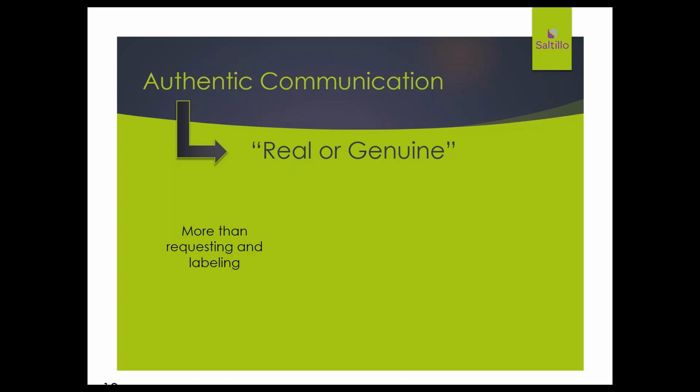The ability to order a pizza over a hamburger is important, but how does that compare to the ability to tell someone you love them? A lot of times when we're talking about real or genuine, it's spontaneous, it's unique, but it's efficient. And it really allows people to connect with you, and the AAC user to connect with those around them. Really, the focus is on the student's AAC communication rather than their device.